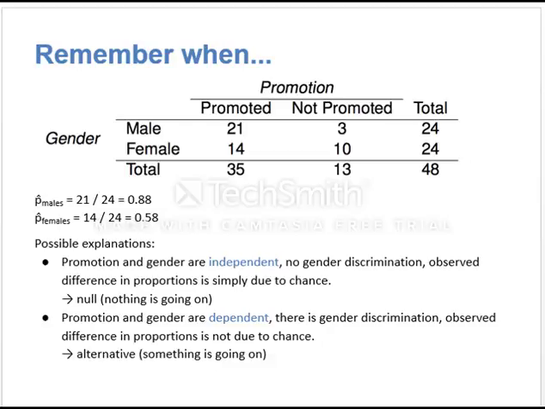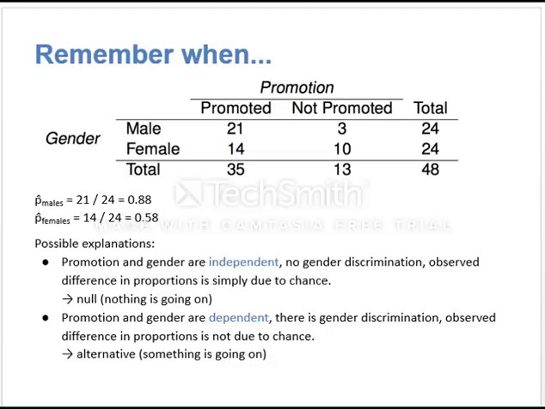And this gets to something that we need to think about as we start drawing up hypotheses for hypothesis testing. So the null assumption here is that we have independence. The alternative assumption is that we have dependence. Notice here, one or the other of these is true. Either there is gender discrimination or there is not.